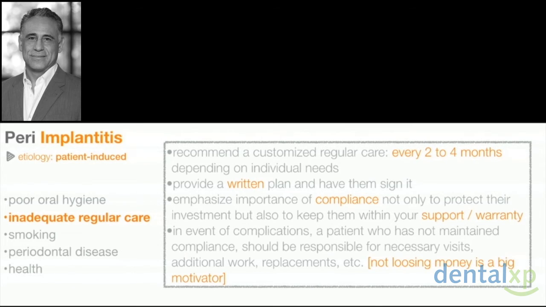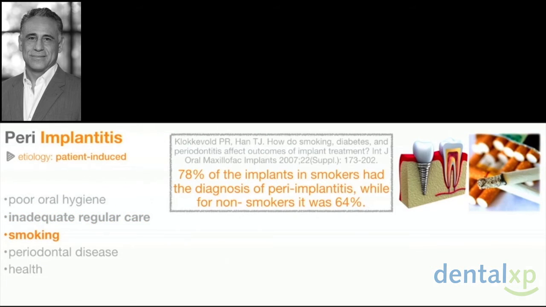Of course, in the event of complications, if the patient has not maintained the compliance, they should be at least informed that they're responsible for any additional visits and additional work. So I think that this is an important part of the conversation with the patient to keep them on the right track.